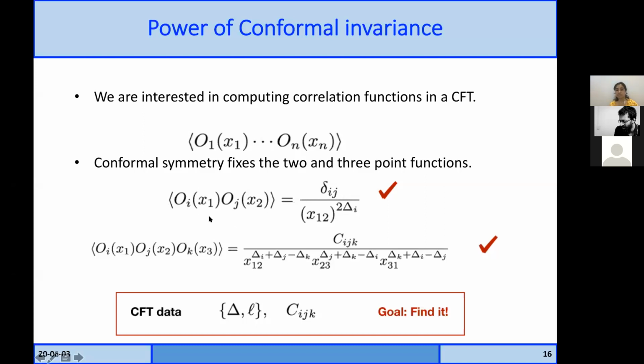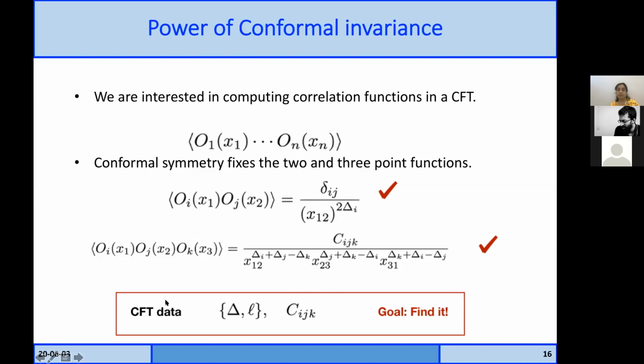So this is the form of the 2-point function, and you also have the 3-point function, which is also fixed. So you see that this is fixed by this functional dependence, but this number C_ijk is not fixed. So the 3-point function is fixed only up to a number, and we will call this the OPE coefficient.